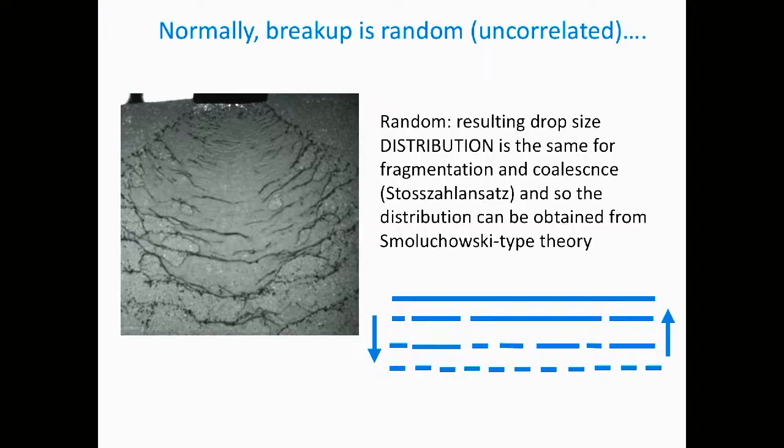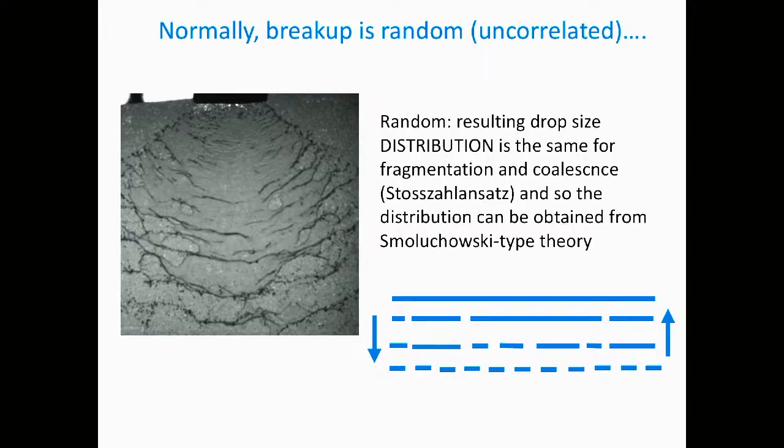One of the nice things about this argument is that you can also do it the other way around. If you do coalescence, you start out with, for instance, a train of very monodisperse droplets, and you randomly connect them together.